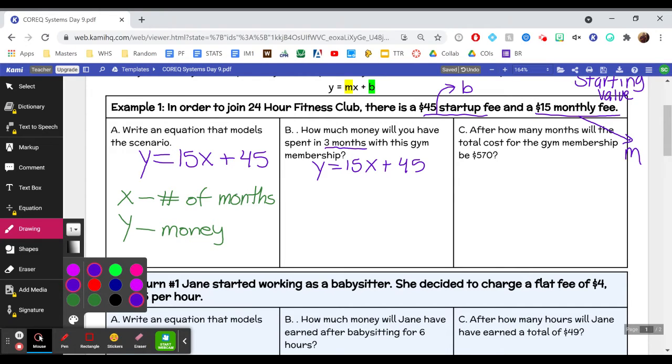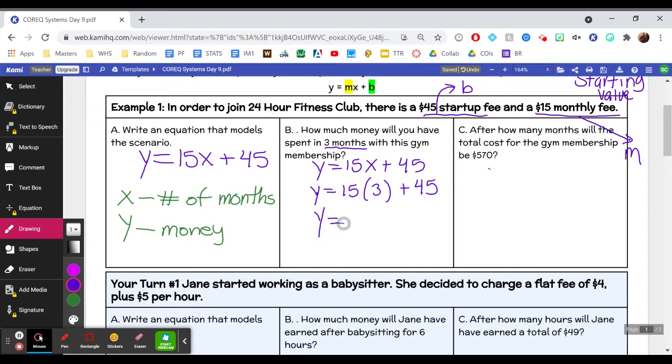For x or for y? Okay, so I'm going to take the 3 months and plug them in for x. 15 times 3 plus 45. Okay, and 15 times 3 gives me 45 plus 45, it's 90.